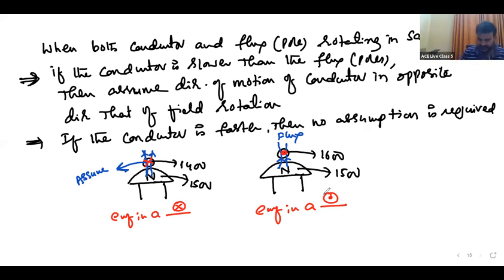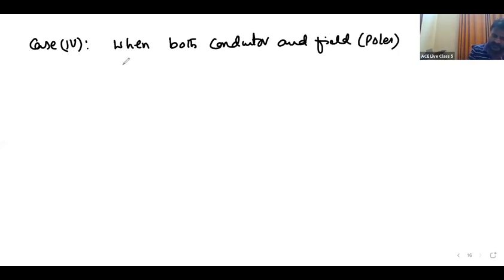Now, the last case is case 4. Conductor and field or pole rotate in the opposite direction. Both rotate in opposite directions.